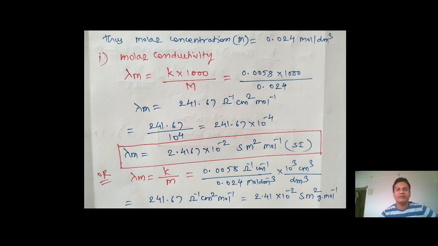The answer will be centimeter square per mole. So it is 241.67. Now convert this centimeter square per mole into meter square just by dividing by 10 raised to 4, and you will get 2.41 into 10 raised to minus 2 Siemens meter square per mole. So that is the molar conductance.